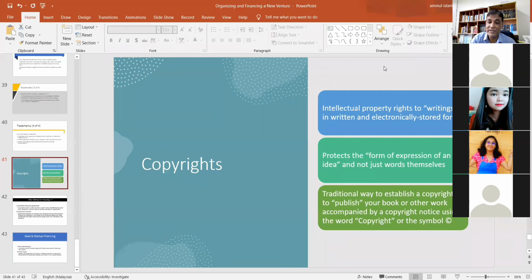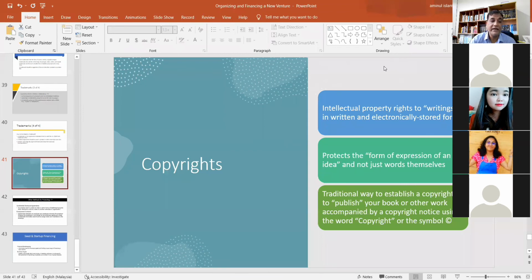The traditional way to establish a published book and all that comes with the C in a circle. When you see that, it means it is already copyrighted. So what we looked at so far today: forms of organizations, the ownership structure, the life expectancy, the liabilities, and then how you can protect your business ideas, your trademarks, and your tangible or intangible properties.